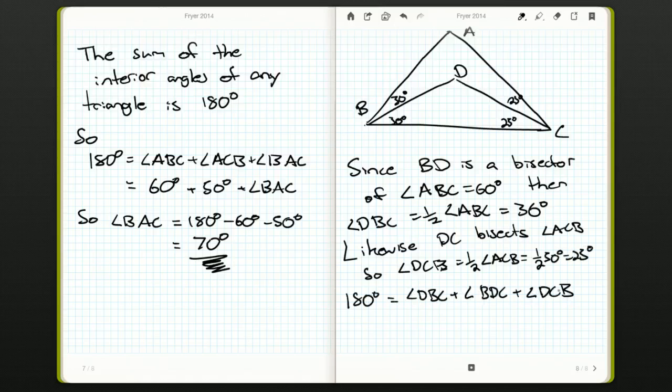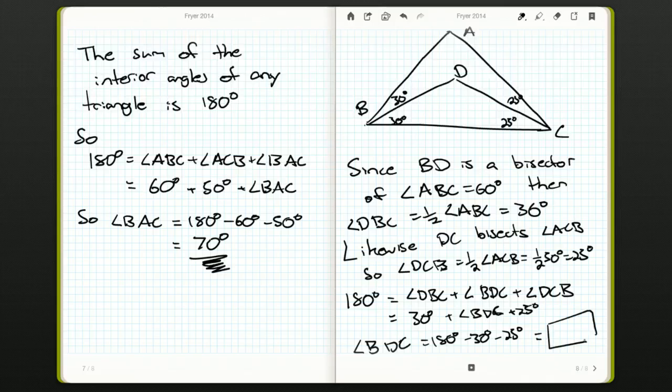Or I'd probably write that BCD, but doesn't really matter. So that's 30 degrees plus the one we want to figure out, plus 25 degrees. So BDC is 180 degrees minus 30 degrees minus 25 degrees, or 180 degrees minus 55. So 125 degrees.